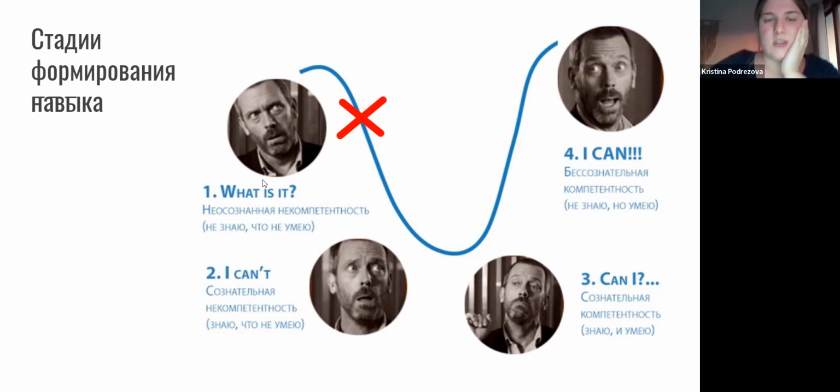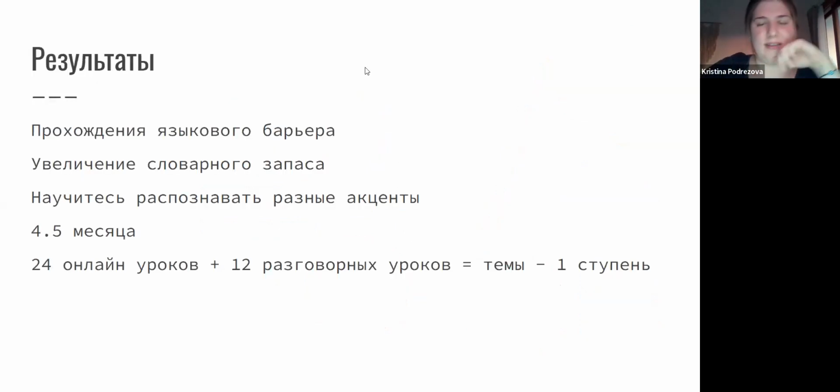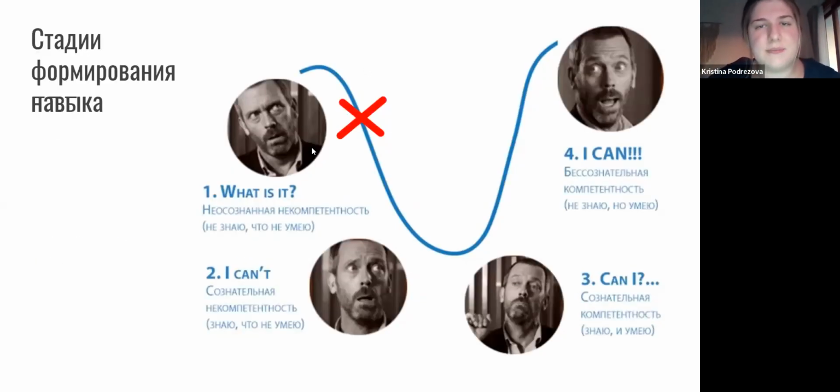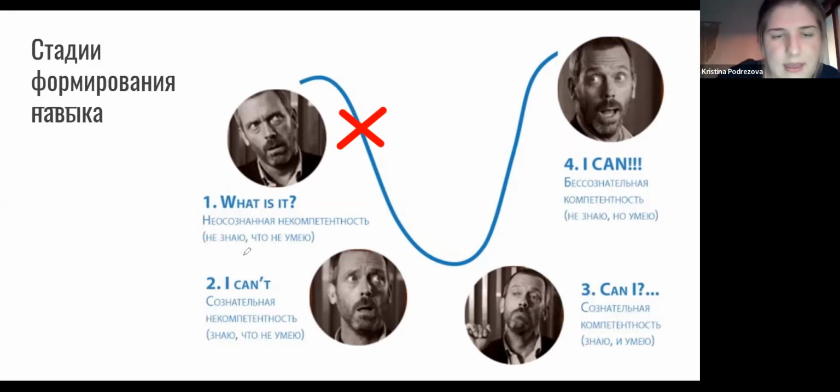So then you move to the second stage and you get that it's not as easy as you thought, right? It's the second stage of all skill gaining. You understand that you can't.